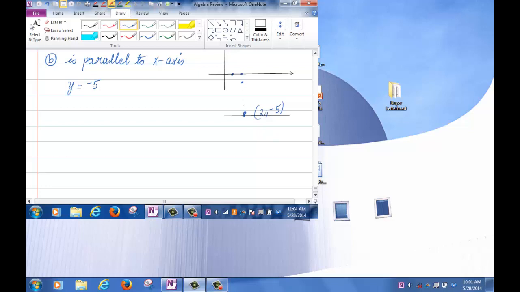So anytime I want to know the equation of a horizontal line, the equation of a horizontal line is always y equals something. So generally speaking, if you have any horizontal line, and let's say the height of the horizontal line is d, d could be positive or negative. In that case, the equation is basically y is equal to d.